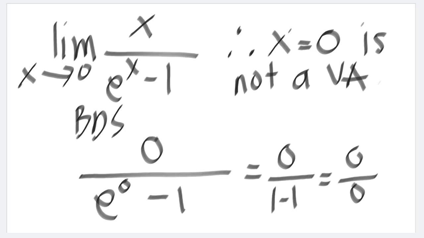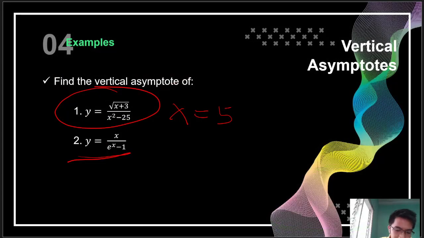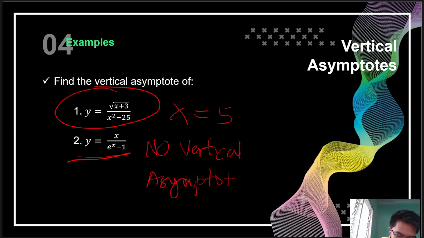Since x is equal to 0 was our only possible candidate, and it is not a vertical asymptote, this function y is equal to x all over e raised to x minus 1 has no vertical asymptote. So, for number 2, no vertical asymptote.